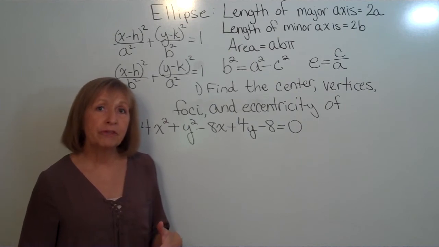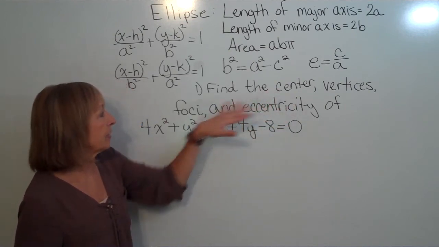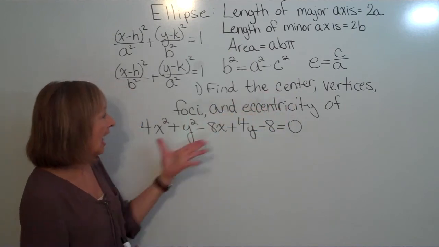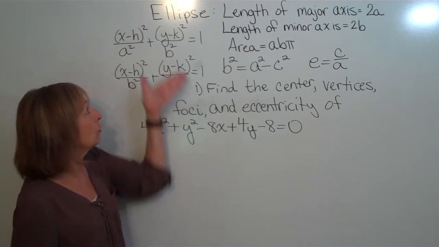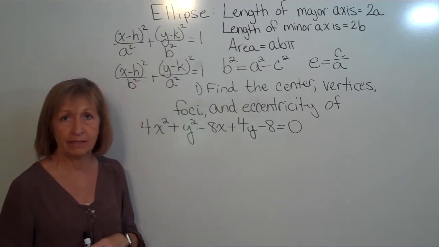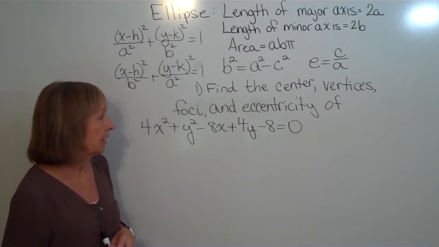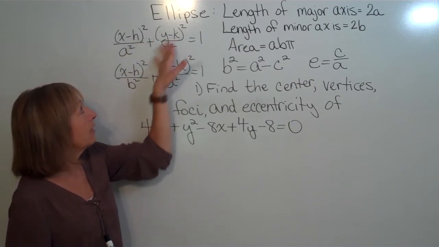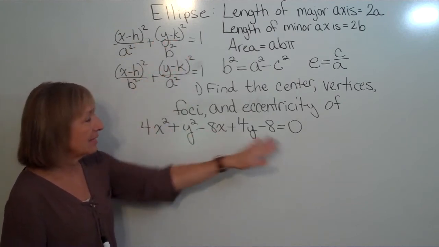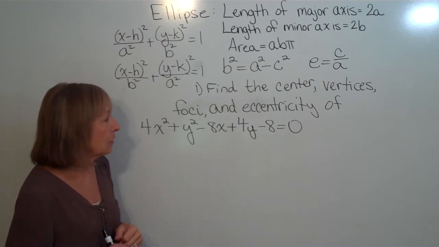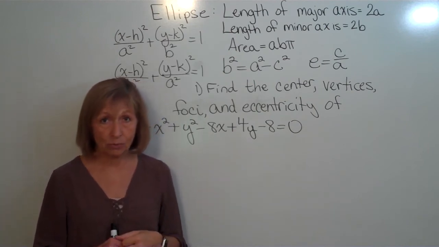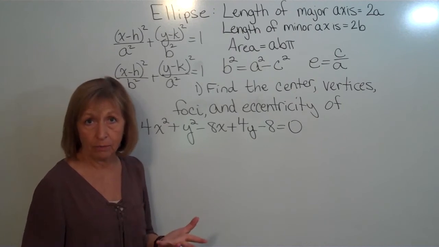Now, in order to figure out what my center, vertices, foci, and eccentricity are, I need to take this equation and transform it into either of these two forms. Notice I have binomial quantities squared, and this is all multiplied out. So what I'm going to have to do is complete the square in order to find those values.